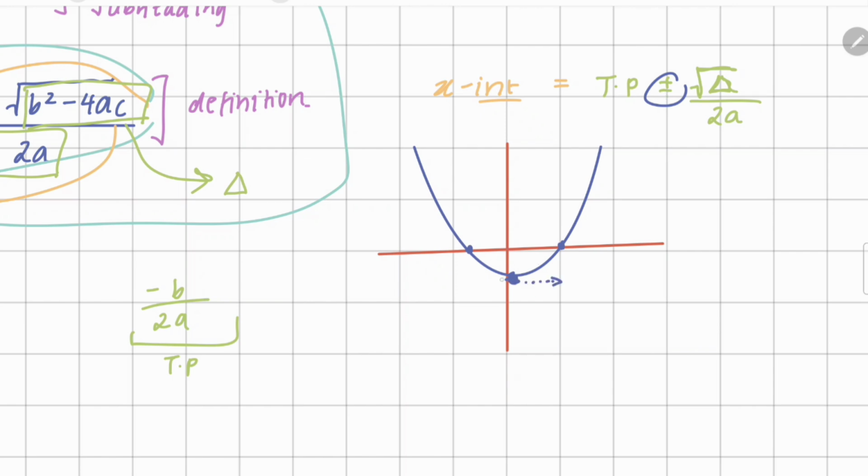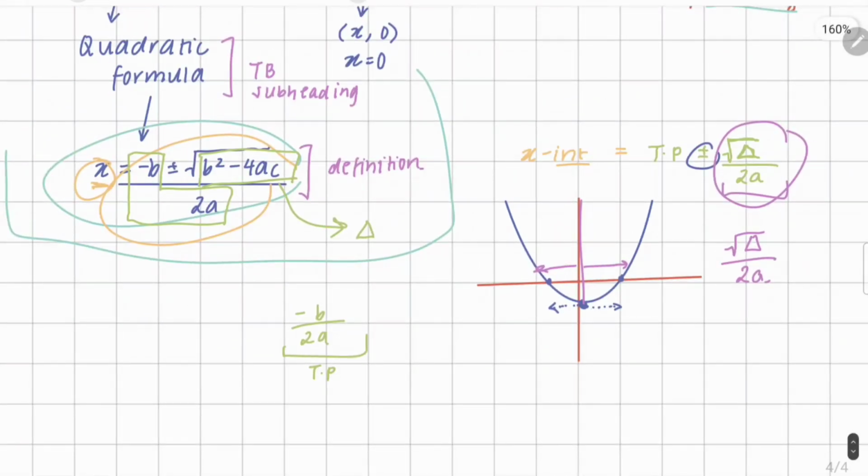And if I subtract something from the turning point, I'll get here. And I also know, let's make another connection, that my parabolas are always symmetrical. And so I'm always adding the same thing, which is why this number is always the same. It's always square root of discriminant over 2a. So there's another connection.